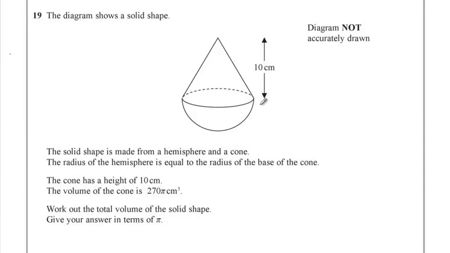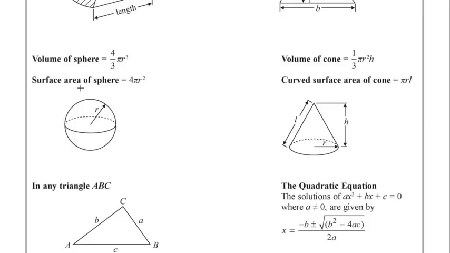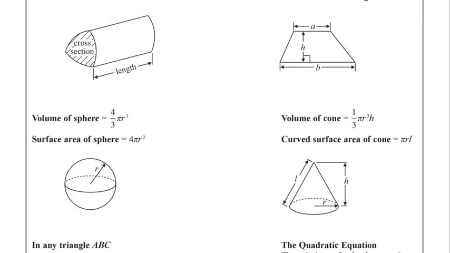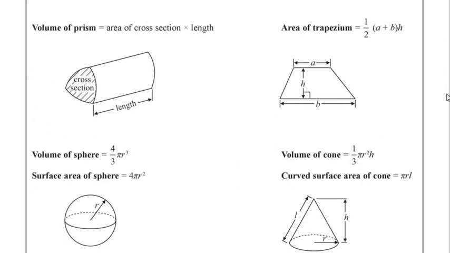Add them together. So fortunately, we've got some formulas for the volume of the cone and the volume of a sphere or hemisphere. So let's go and get those first. They're at the beginning of the paper. So here's our formula sheet. I think it's the second page.